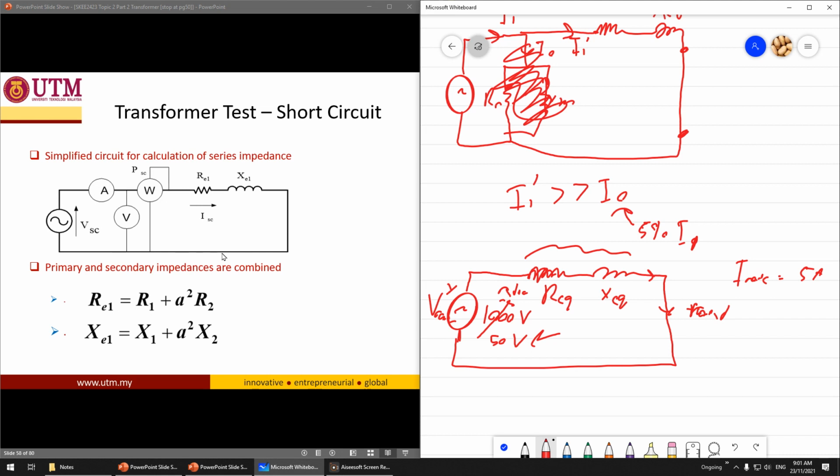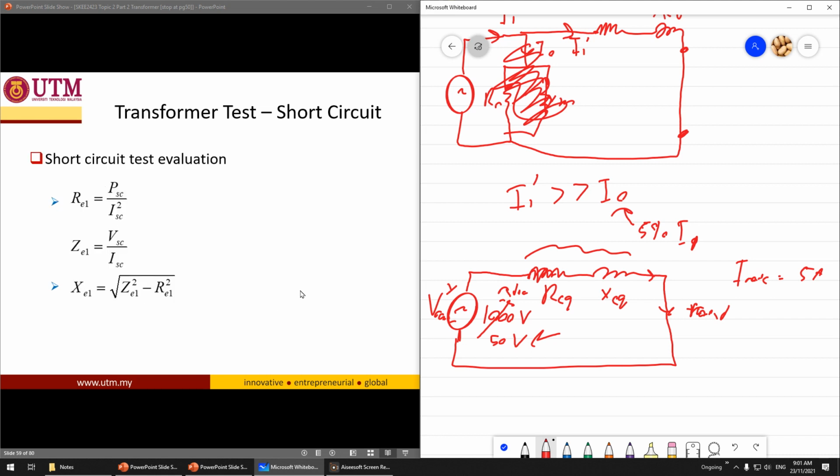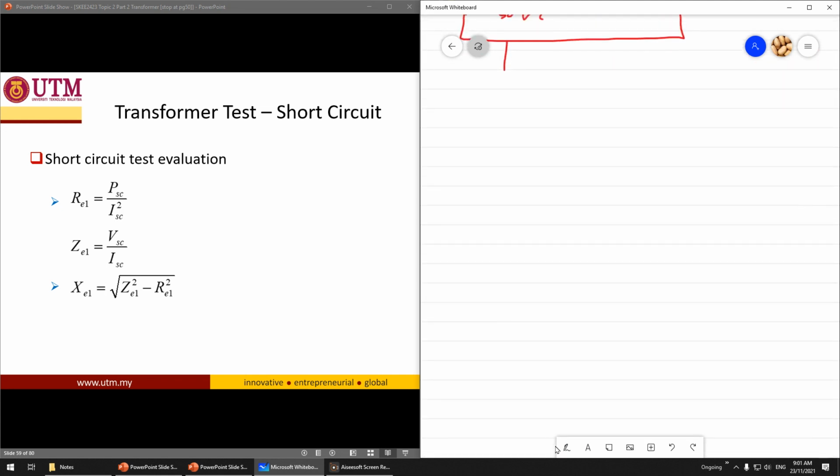You can see here, this is referred to the primary; the secondary side is moved to the primary side. How to calculate it is something like this. Because this is short circuit, you have to focus on the current.